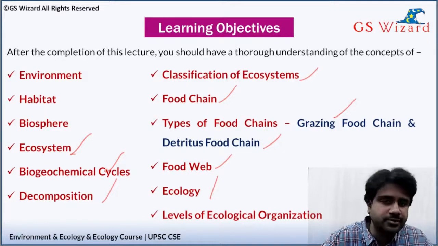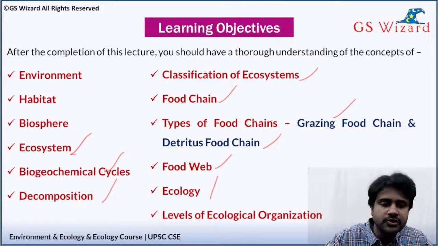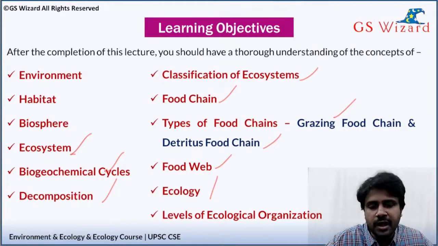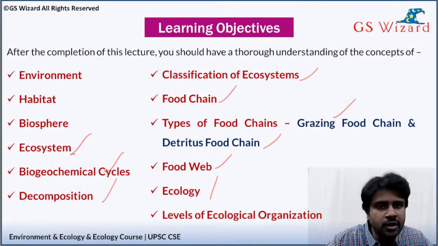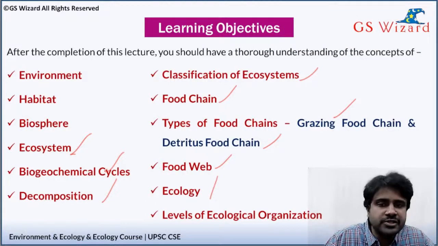The name of our course is environment and ecology. So we will understand the meaning of ecology, and there's a very important concept in ecology called levels of ecological organization. So this is just part 1 of the first chapter.